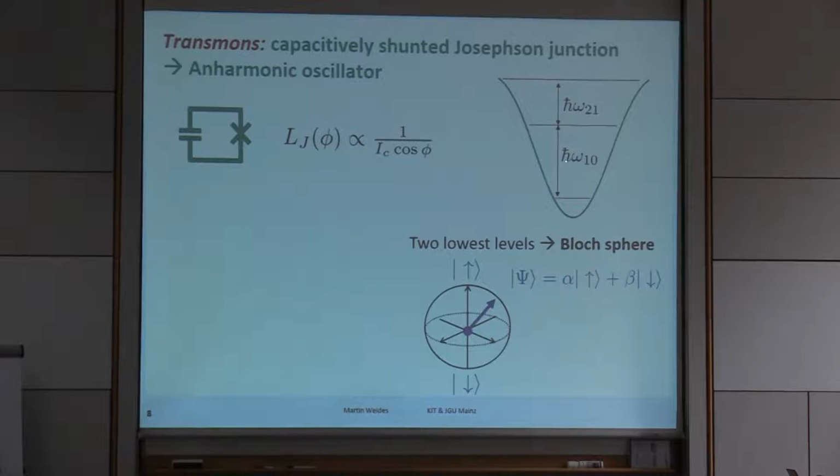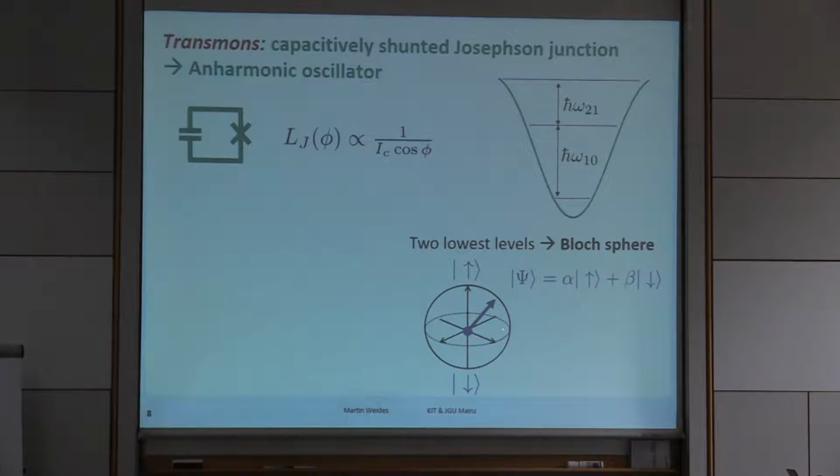If you go into the rotating wave approximation by considering the transition from ground to first excited state, this system can be approximated as a two-level system and then described by a spin operator, and we can then access all states on the Bloch surface.